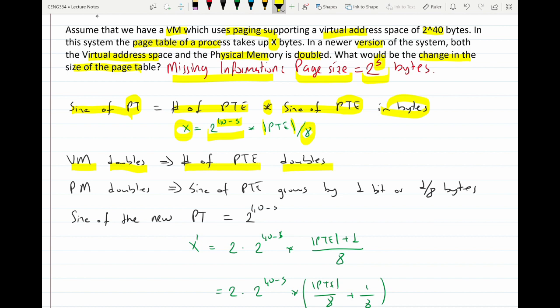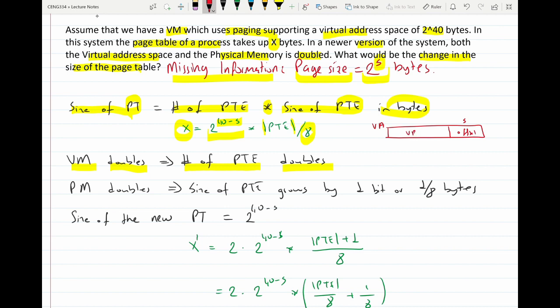That's because when we have doubling virtual memory, let's say here we have the virtual address, which is 40 bits, and we split this, this is the offset. So here we have s bits for offset.